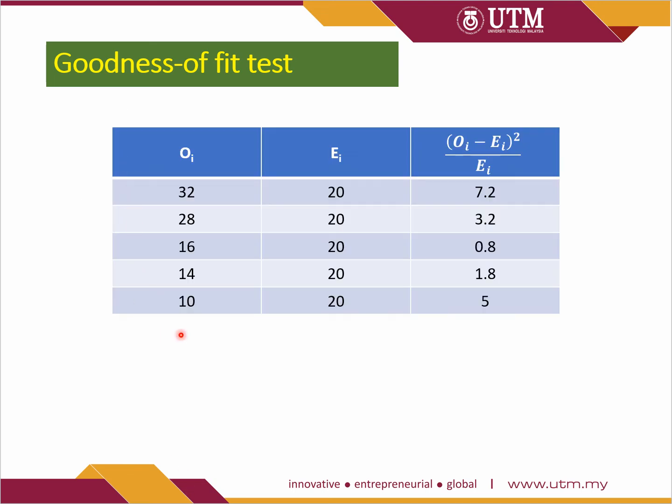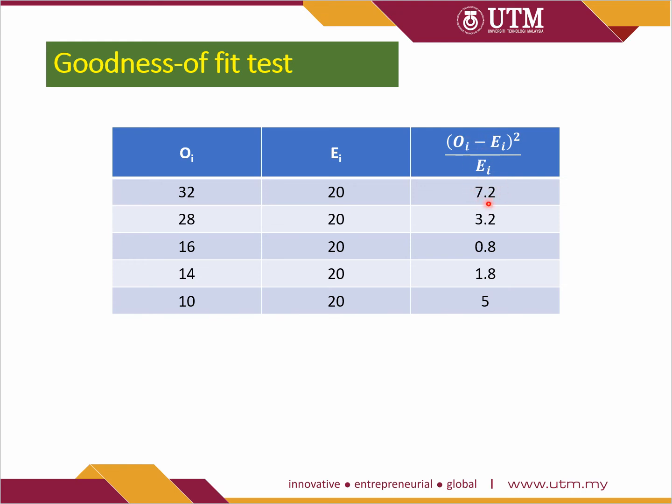Here I have rewritten the observed frequency, and this is the expected frequency obtained from the formula n times the probability for that category. And here is the chi-square goodness of fit calculation.